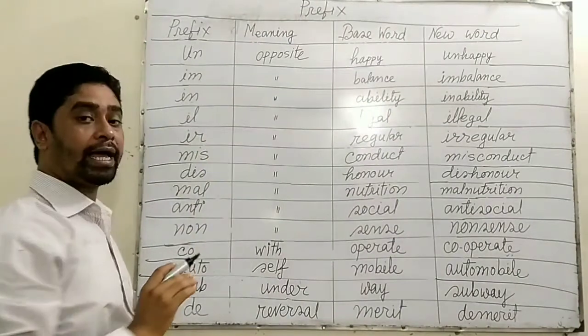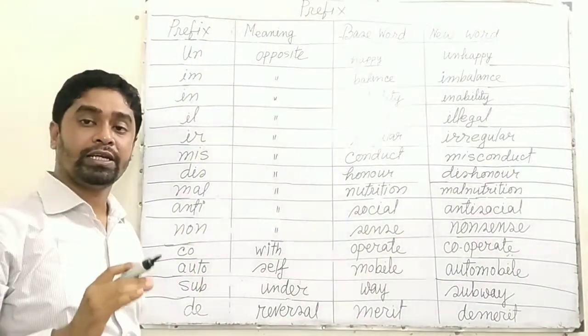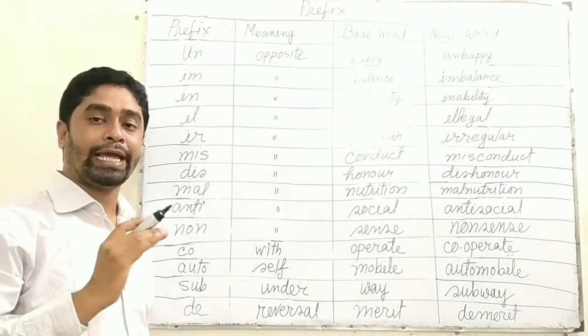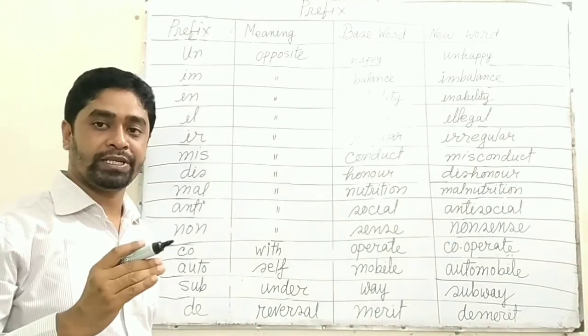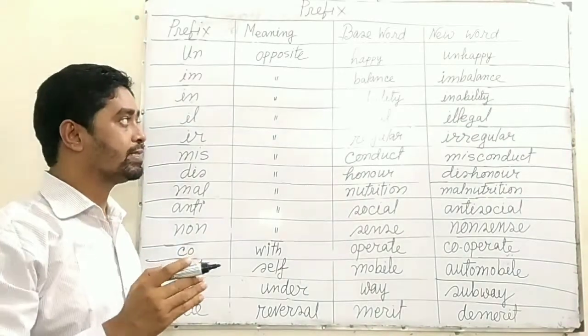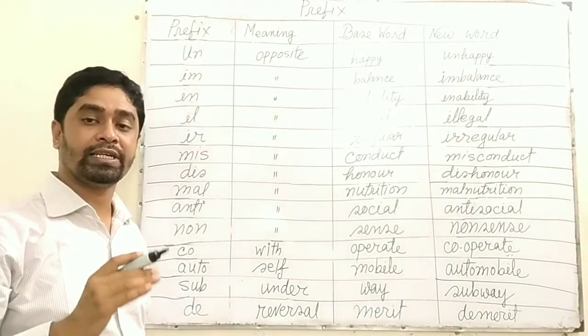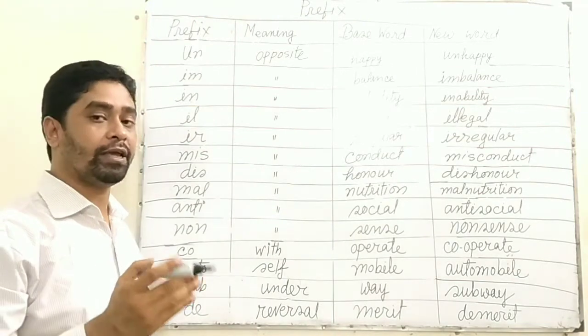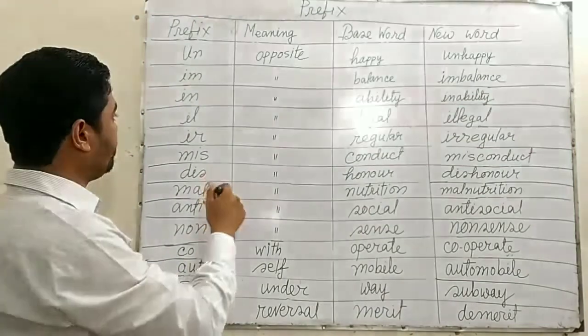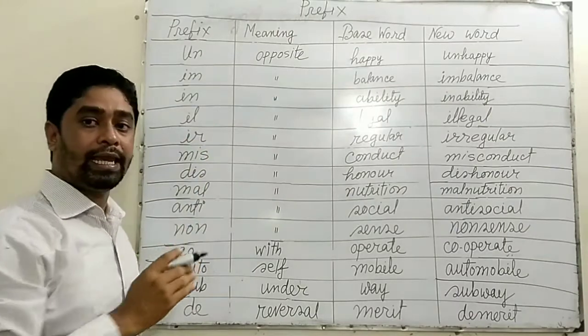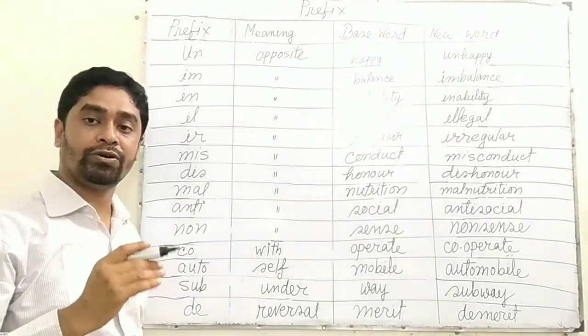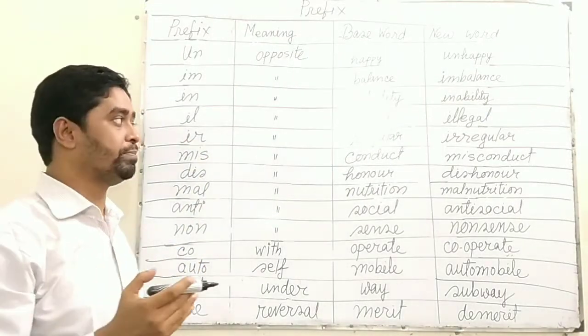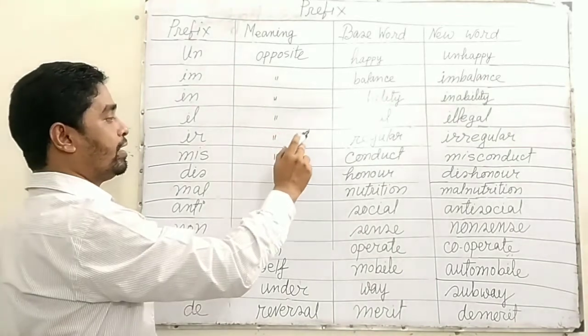Next, in. It also expresses opposite meaning, like ability. It creates inability. In the same way, il. It also expresses opposite meaning, legal.